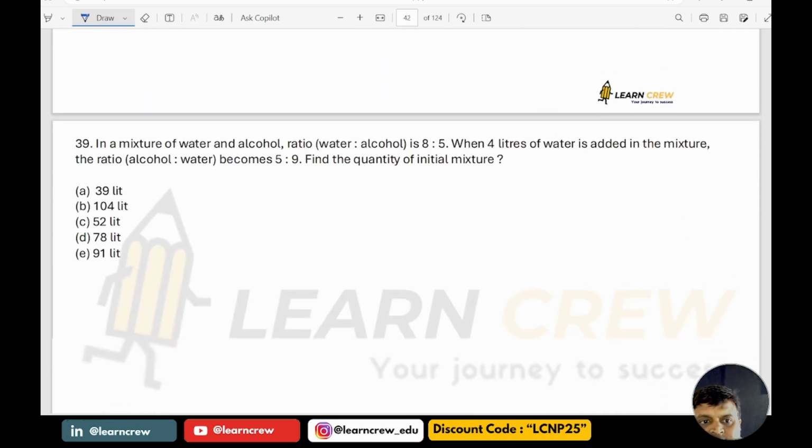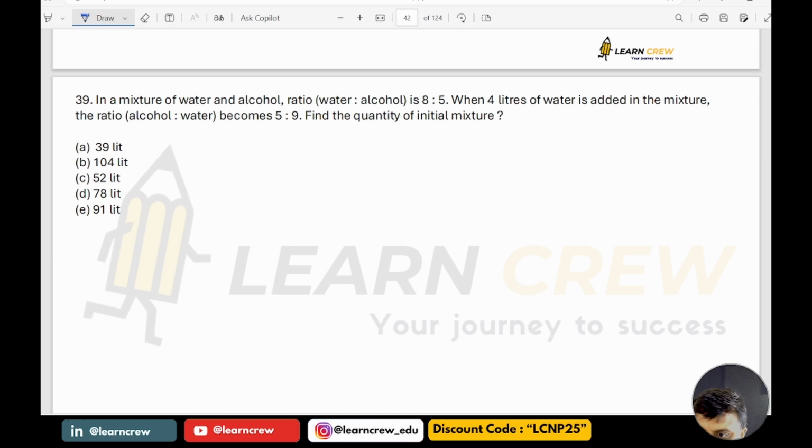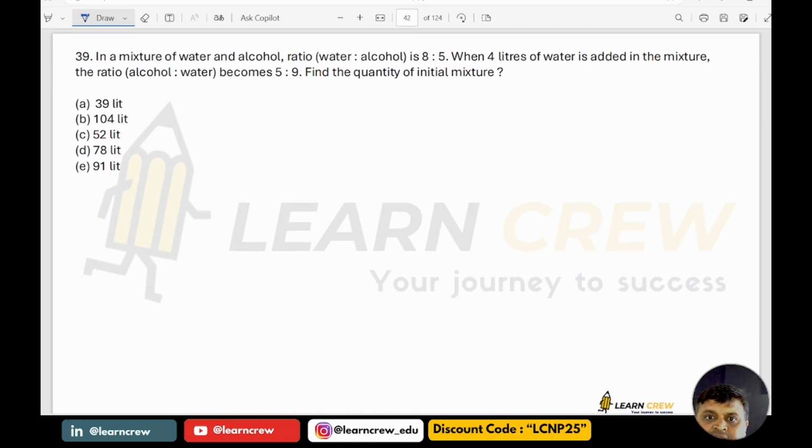Next. In a mixture of water and alcohol, the ratio is 8 is to 5. If 4 liters of water is added to the mixture, the ratio becomes 5 is to 9.